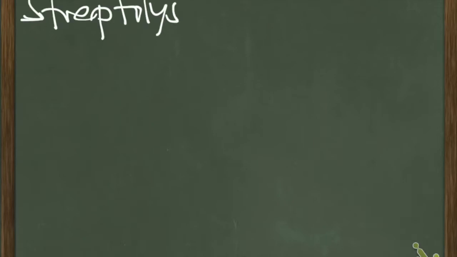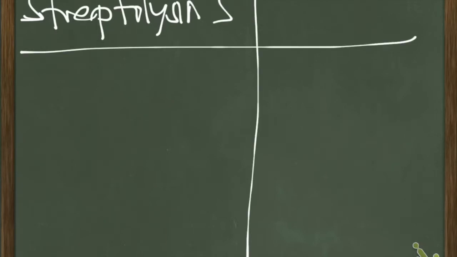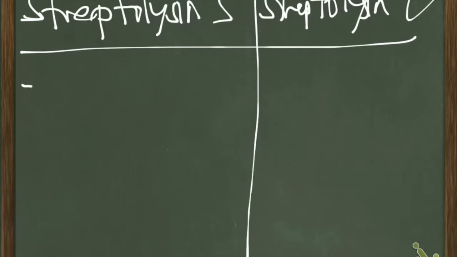Okay, speaking of streptolysin, do you know that there are two types of streptolysin? Streptolysin S and the other one is streptolysin O. Streptolysin S is actually oxygen stable.